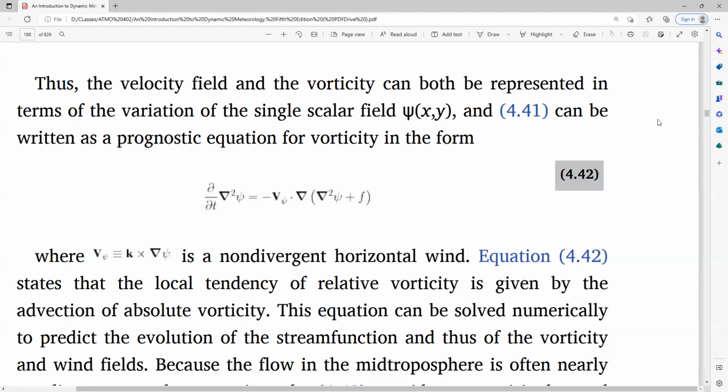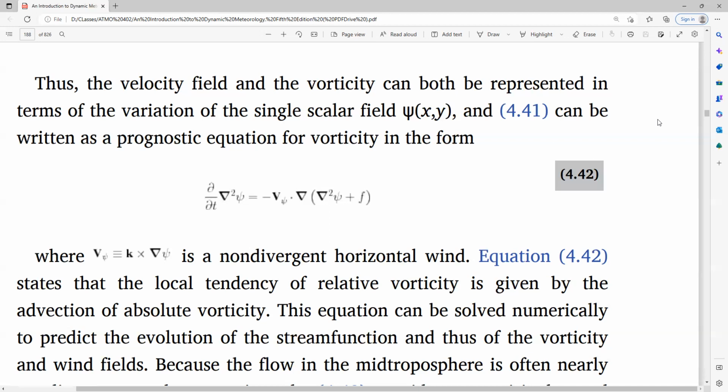So that means based on the stream function right now, you can predict change in the stream function. So here, the stream function psi, with V psi being k cross gradient psi. So this right hand side is only a function of the stream function. So at any time, you can calculate the right hand side.